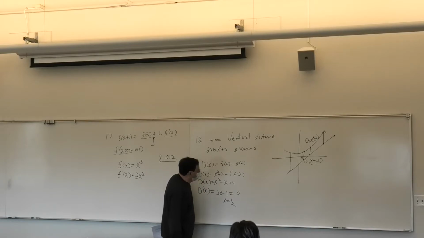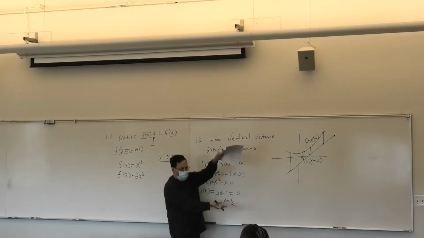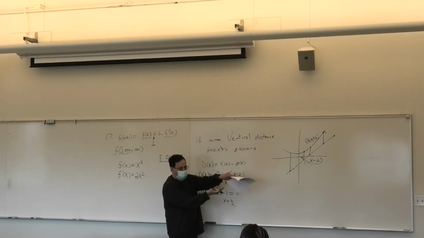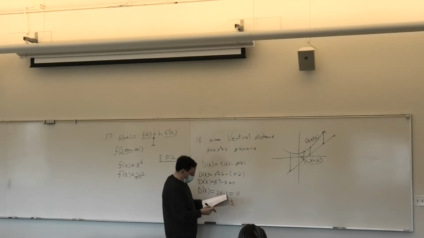I'm struggling to understand the concept of plugging it into the y coordinates. This is the x coordinate where the y distance between them is the minimum. So why would you plug it in here? Because the question asks, I'm sure you got some credit if you found a half.